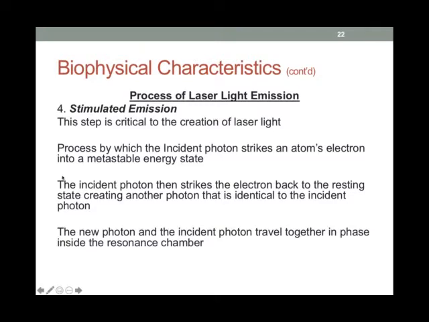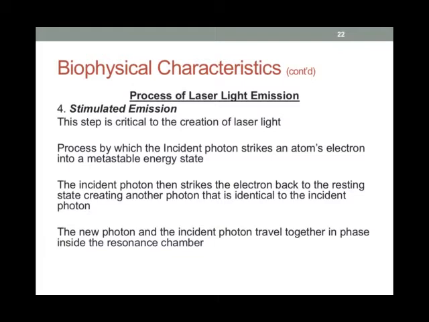Okay, so that incident photon will knock that electron back into its resting state, and of course when it's going back into resting state, another photon is emitted, and that photon is identical to the incident photon, the one that hit it.